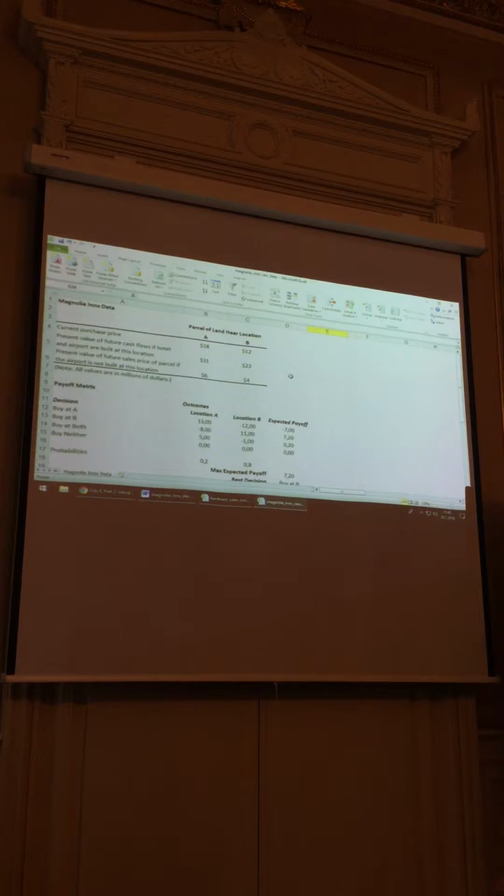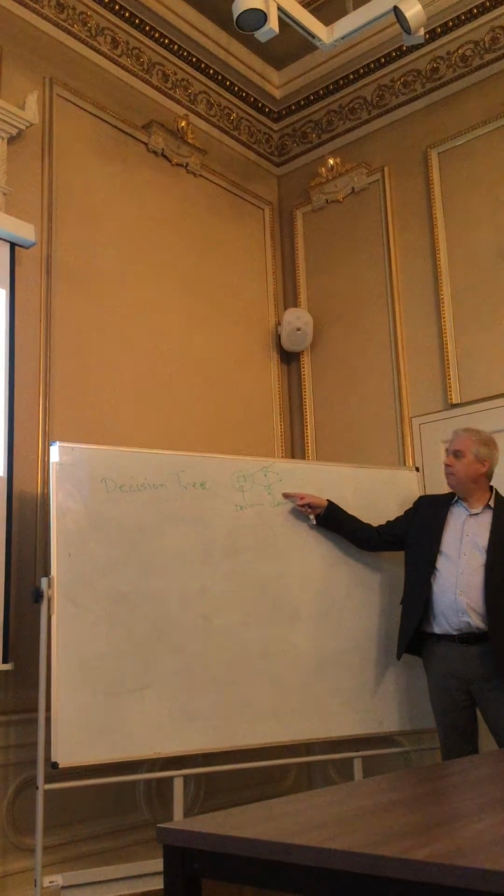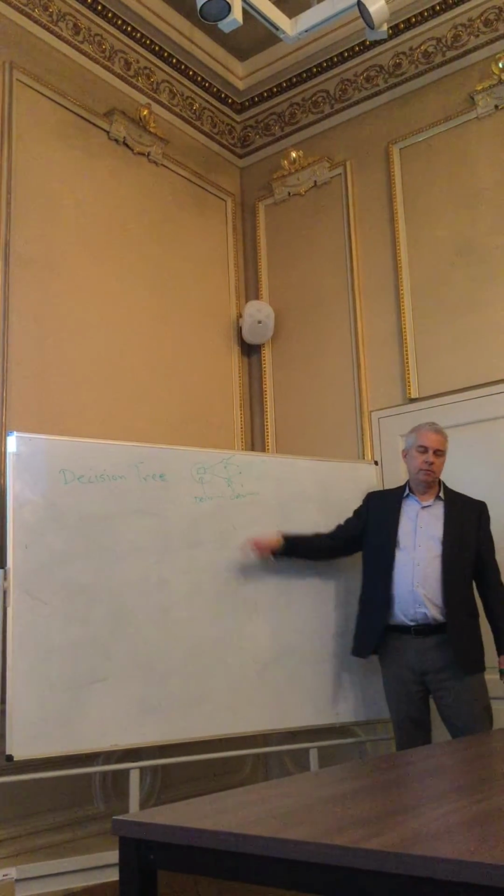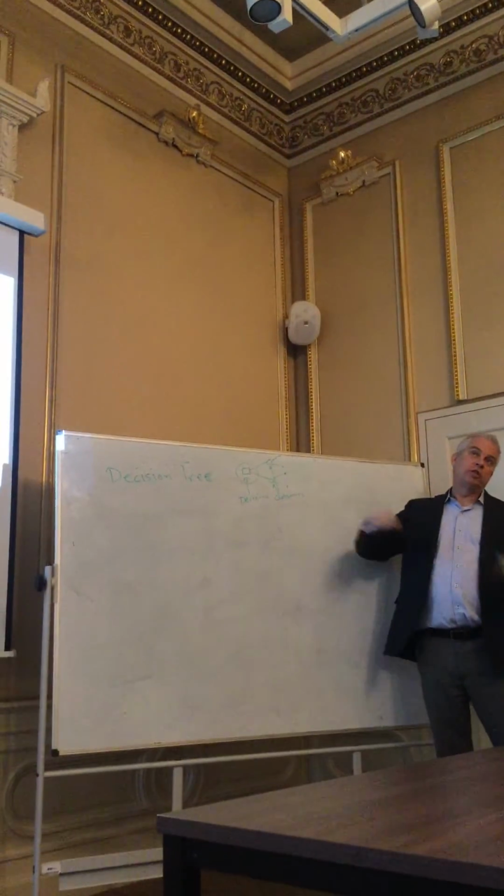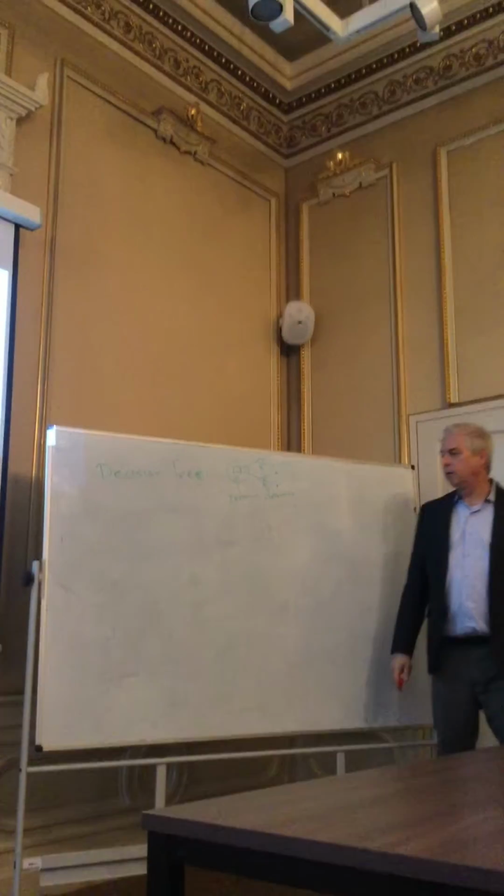The squares, very important, represent decisions, and the round circles represent outcomes. You'll see that when we draw it in Excel. Outcomes have probabilities associated with them; decisions do not. Outcomes and decisions can have payoffs and costs associated with them.